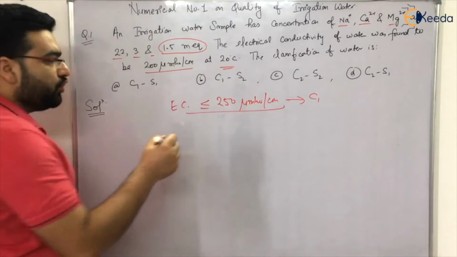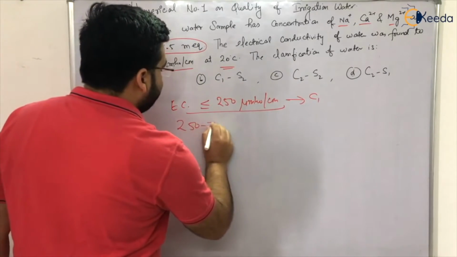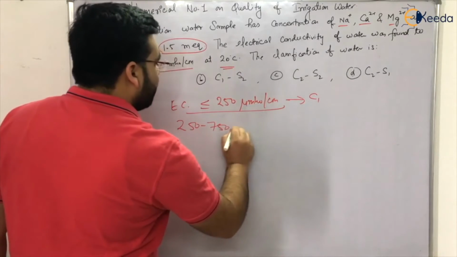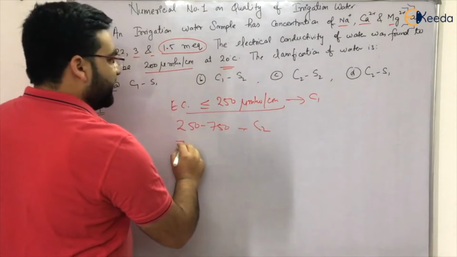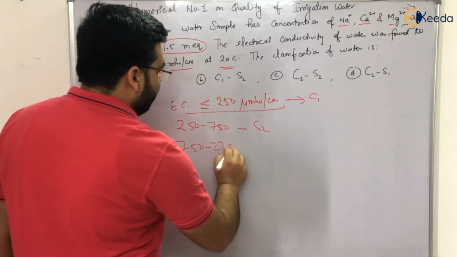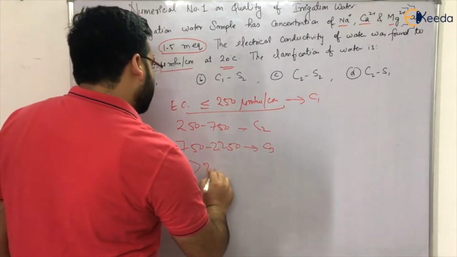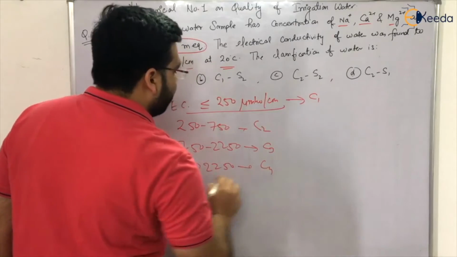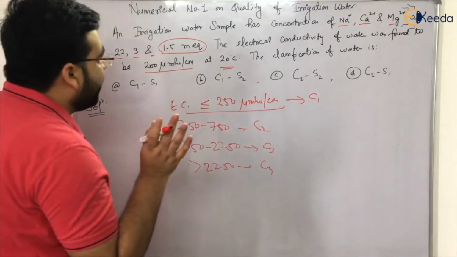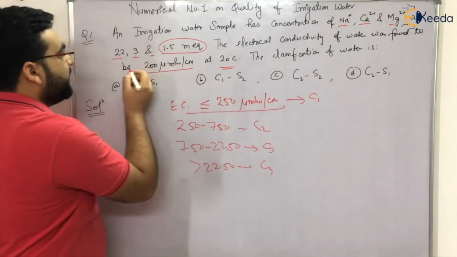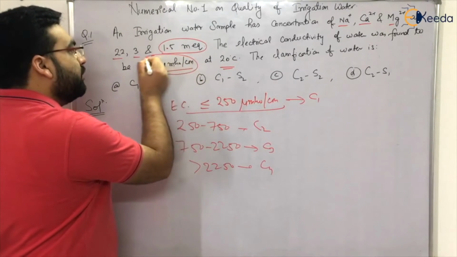If it is in between 250 to 750, then it is known as C2. If it is 750 to 2250, then it is known as C3. And if it is greater than 2250, it is known as C4, if you remember, right? So just by comparing, the electrical conductivity is found to be 200 micromho per centimeter.